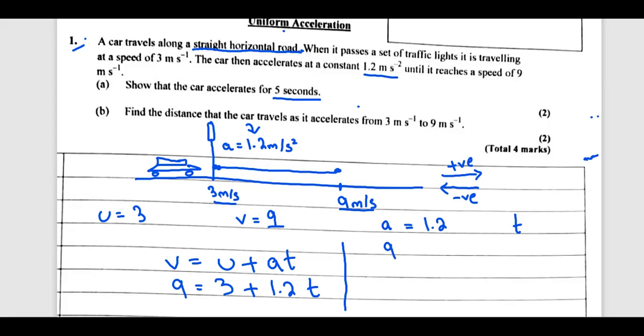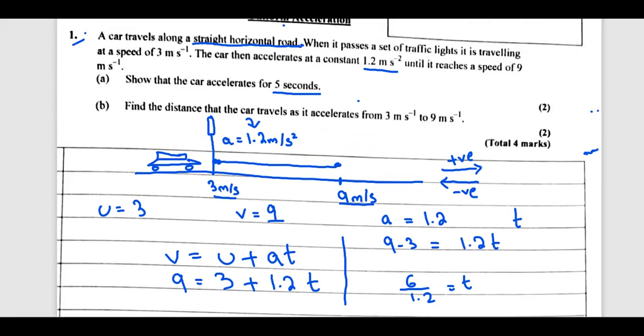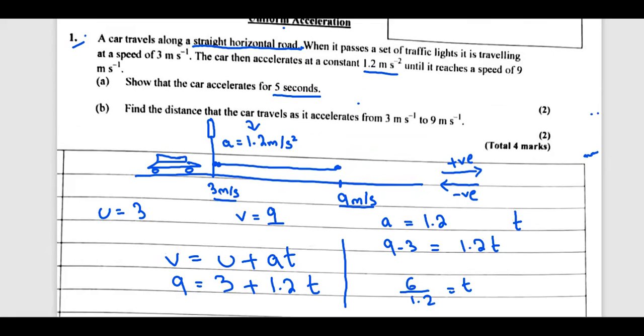Then it would be 9 minus 3 equals 1.2 t, that is 6 divided by 1.2 equals t, and that is going to be, you can just calculate it and you will find it to be 5 seconds. And this is what we had to show that the car accelerates for 5 seconds, right?